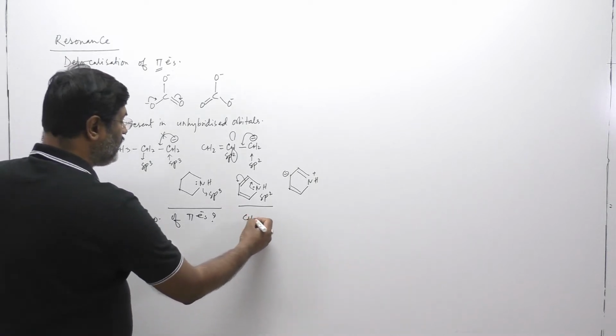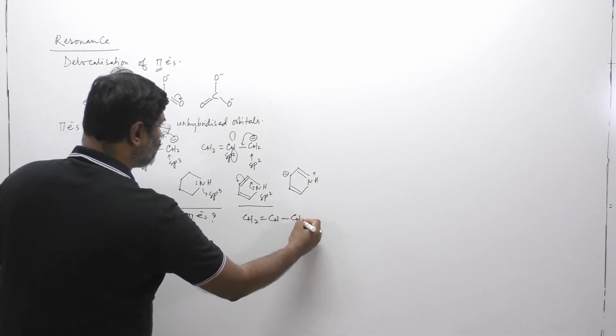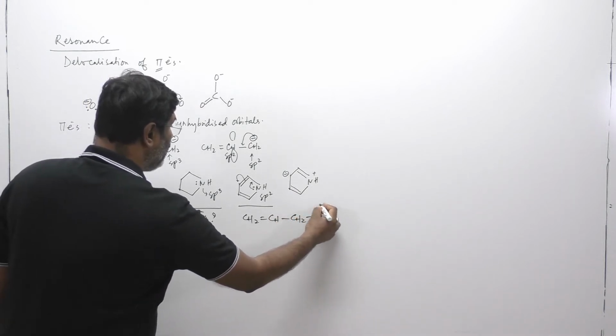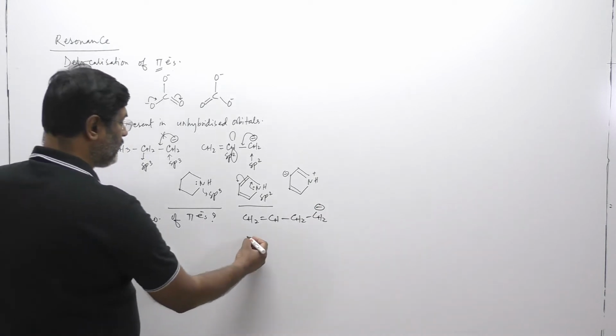Here CH2 double bond, there the CH2 minus. Number of pi electrons here?